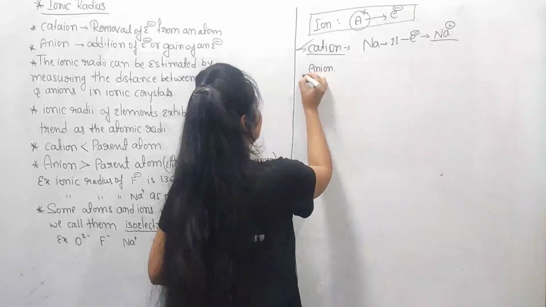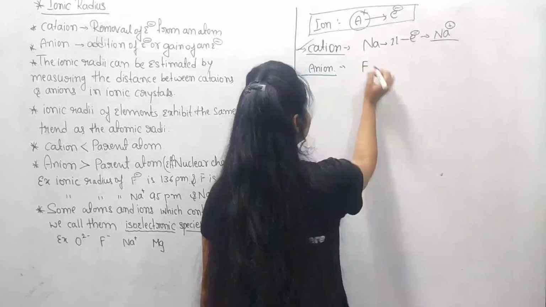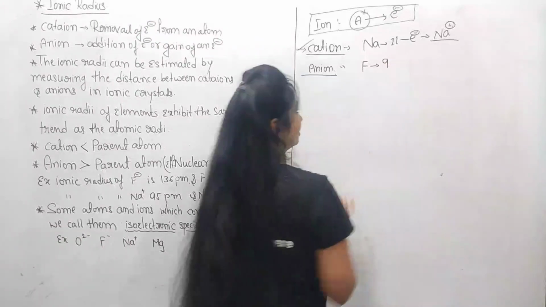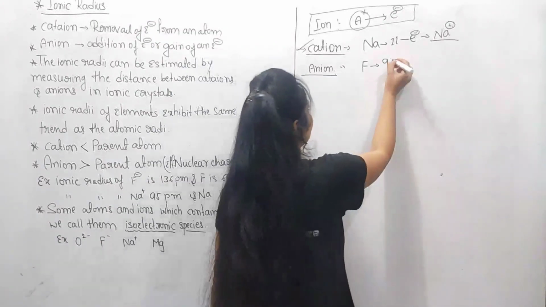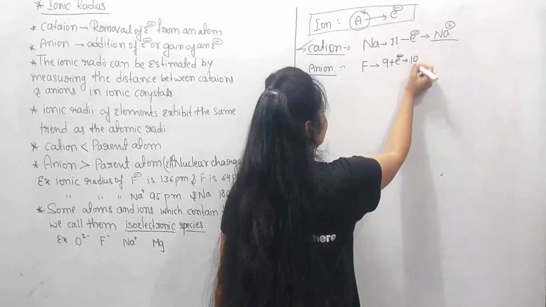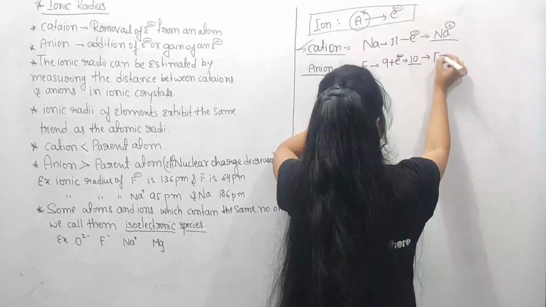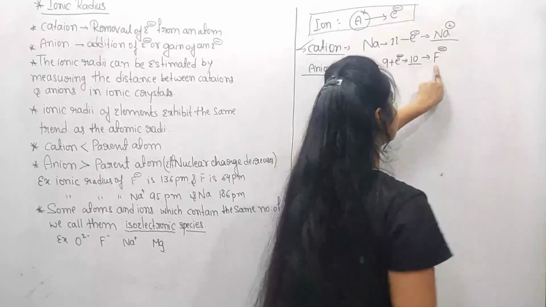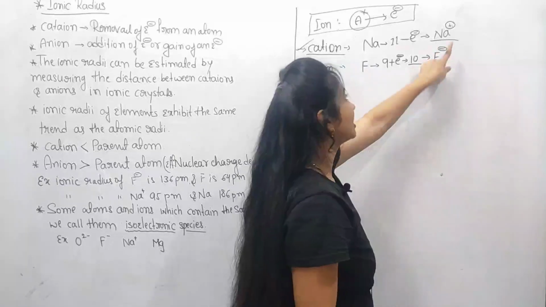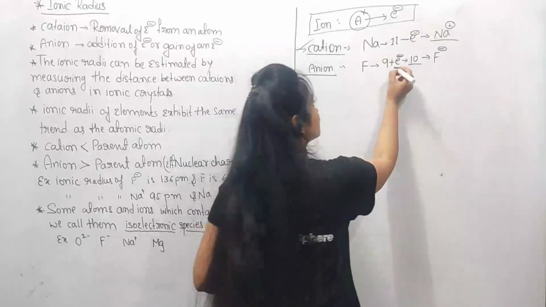And next we are moving on to the anion. Consider the fluorine atom, whose atomic number is 9. If you add an electron to this fluorine atom, then the number of electrons becomes 10, and this becomes F minus. So this is the fluorine ion, and this is the fluorine atom. The atom that carries a negative charge is called an anion. How many electrons do you add here?